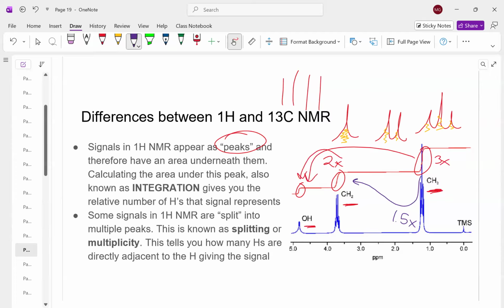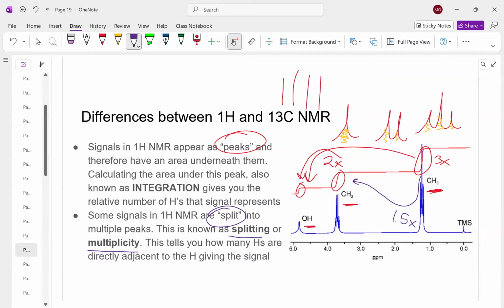Now, the other thing you might notice, other than finding this integration, is that some of the signals are split into multiple peaks. If you look at that CH2 signal, it looks a little weird, or the CH3 looks a little weird. It's been split into multiple peaks. Hence this is called splitting, or another term that we use is multiplicity.